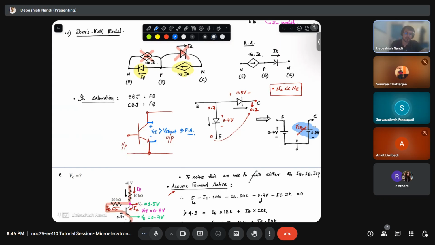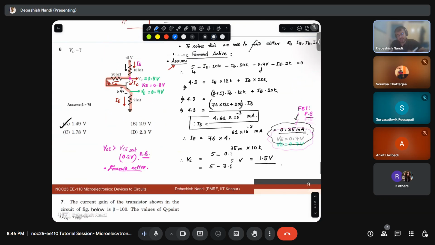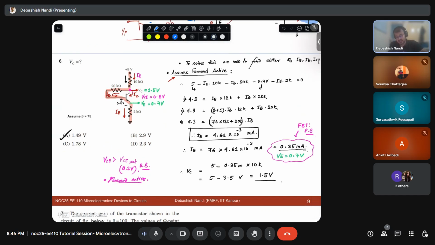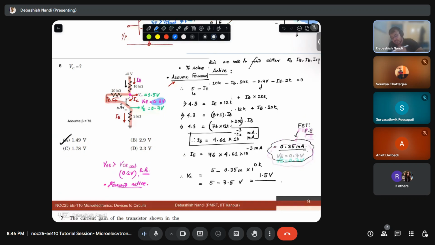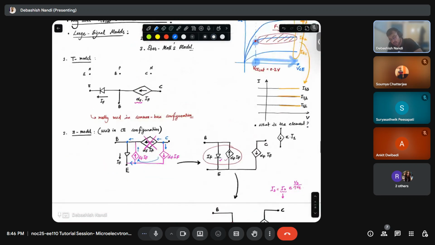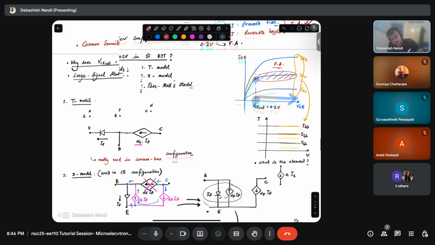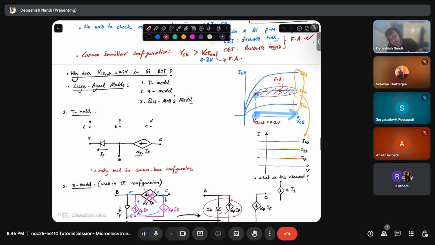That is why in this case, VCE is 0.8 volt, which is much greater than 0.2 volt. So if this is my 0.2 volt, I will be somewhere here. This is already in forward active mode, so the assumption we made of forward active is correct.